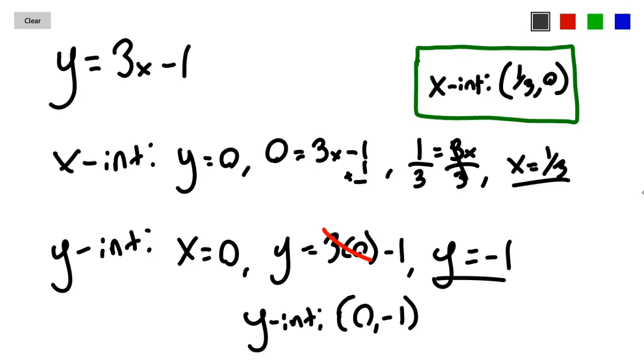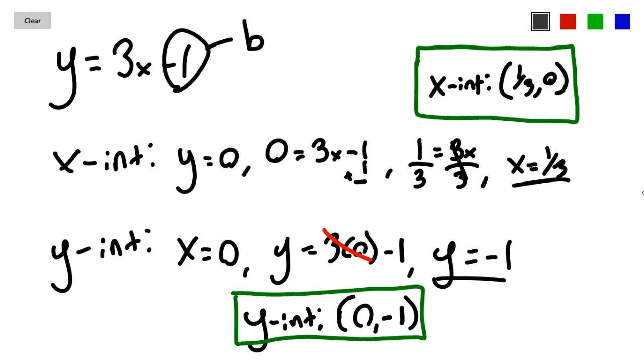And this makes sense because we have an equation that's in slope-intercept form, and you can see how this b is the y-intercept. So whatever constant number you have, if it's in slope-intercept form, that is going to be the y-intercept, because if you plug in 0 for x, all you're going to be left with is y equals that number.